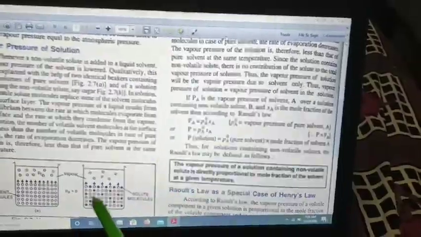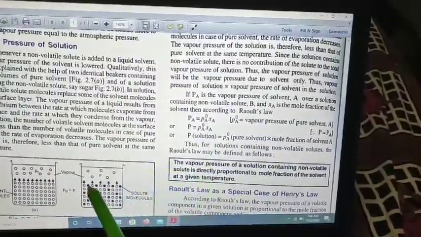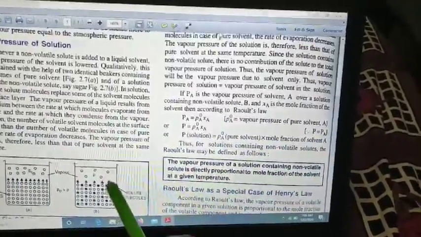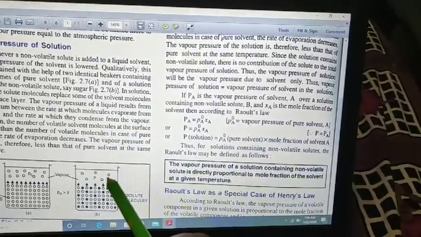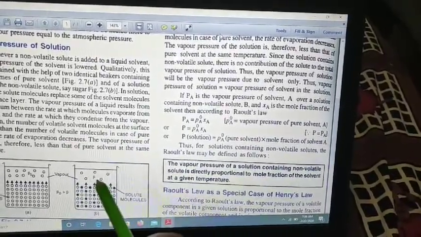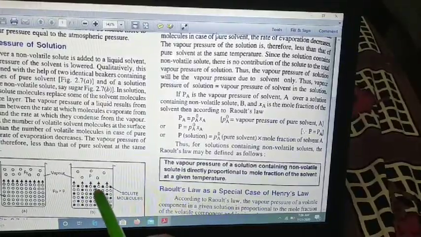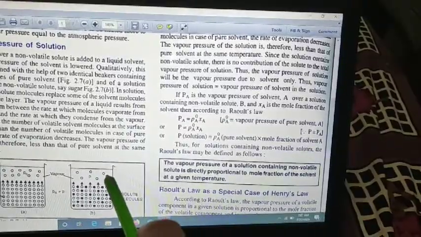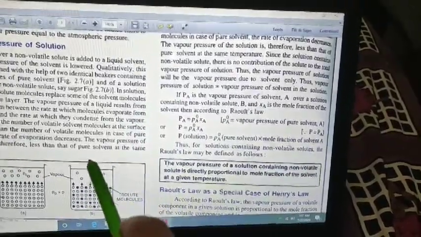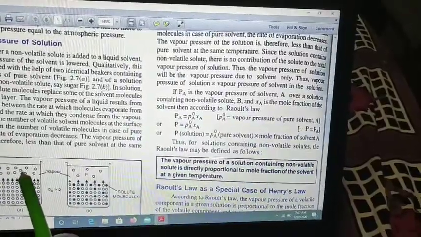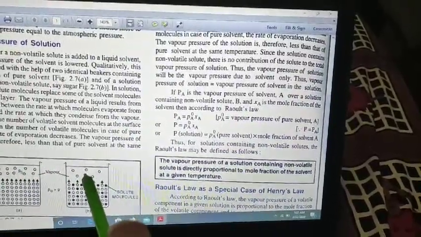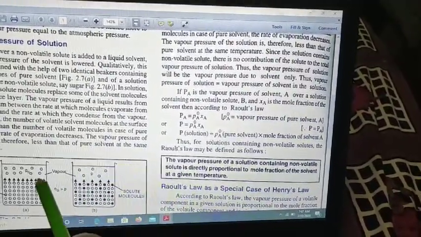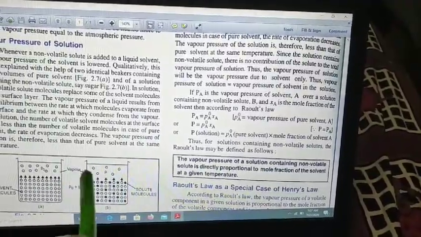So the rate of evaporation will be less because some of the surface is covered by non-volatile molecules, which will not convert into the vapor form. Less vapor will be formed, so the vapor pressure will be less compared to the pure solvent. In the case of a solution with a non-volatile solute, the vapor pressure is smaller than the vapor pressure of the pure solvent. You have to keep that in mind.